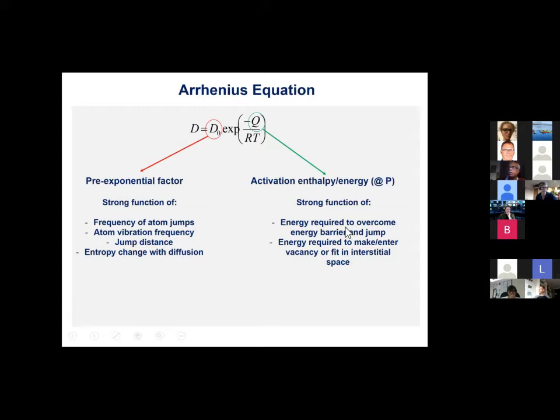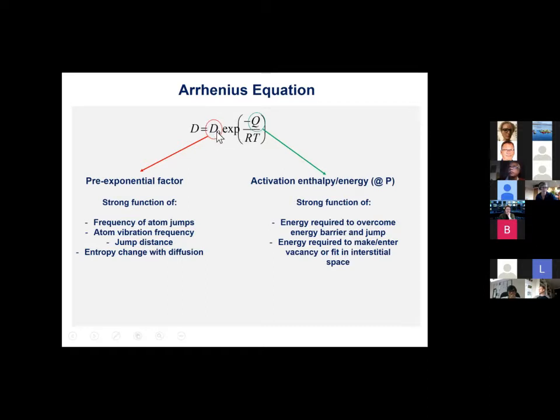But when you actually do a macroscopic process and look at an atom diffusing in a solid with a vacancy like that, it turns out that this activation energy has other contributions to it. So for example, you'll have the energy required to make or enter the vacancy, or to fit in an interstitial space, and so forth. That all gets lumped together in this one macroscopic parameter.